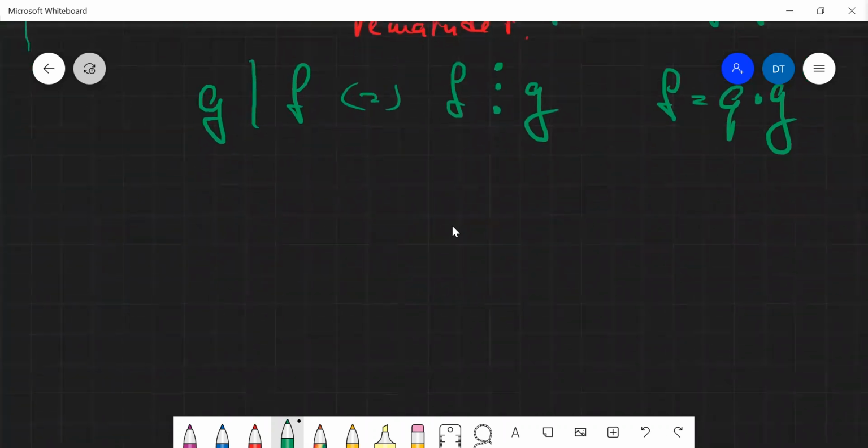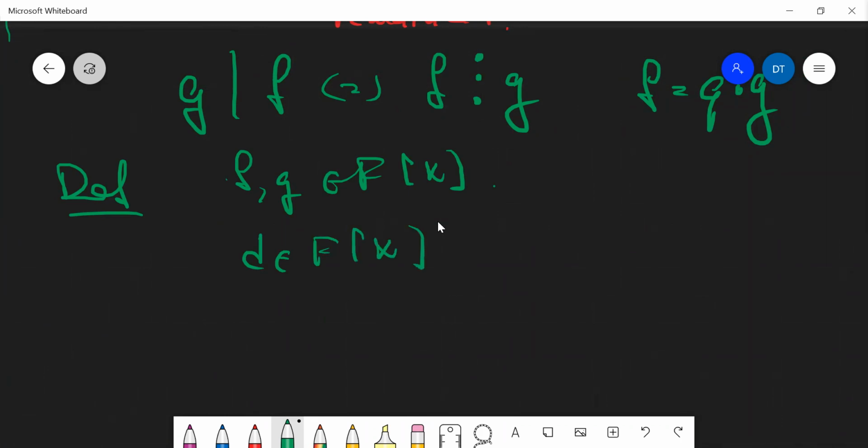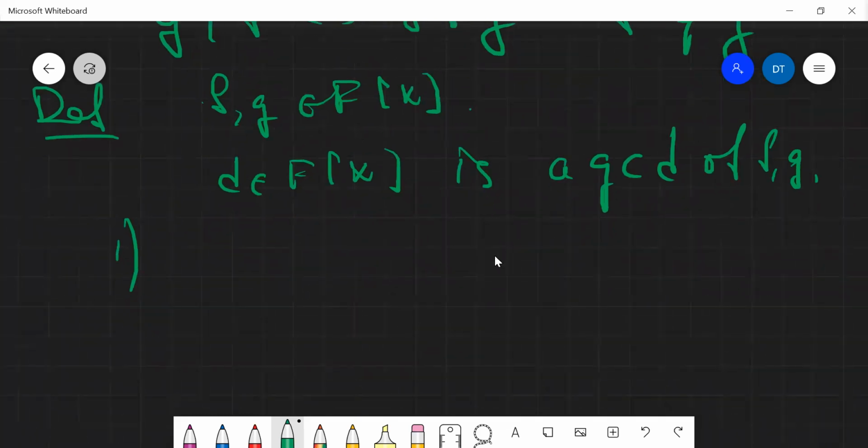Now this leads to the notion of a greatest common divisor. So let me recall. If we have two polynomials, then a polynomial d is the GCD of f and g if it satisfies the following two properties. The property number one, it divides f and g.